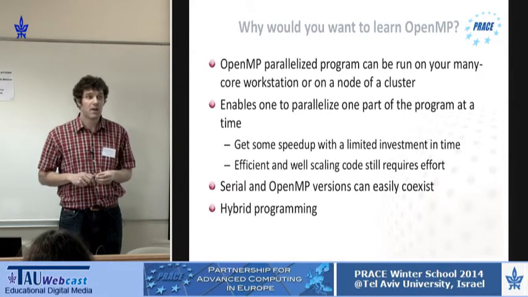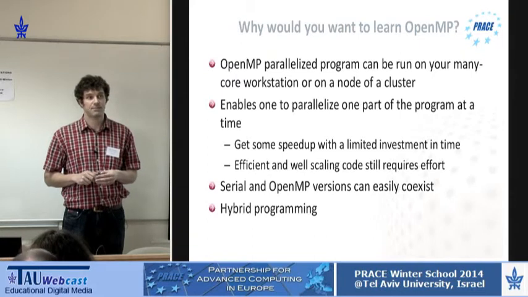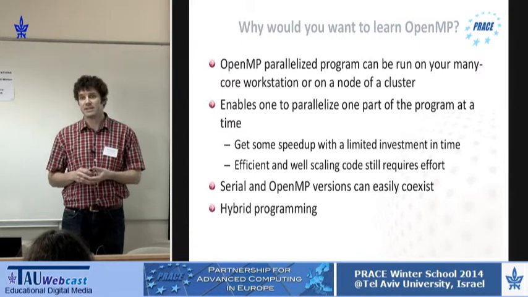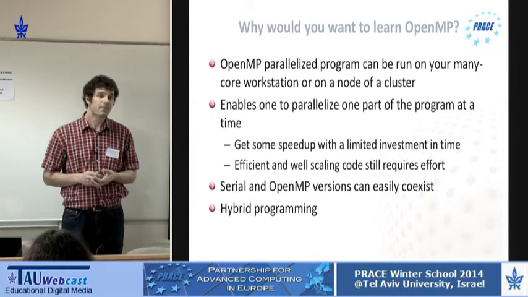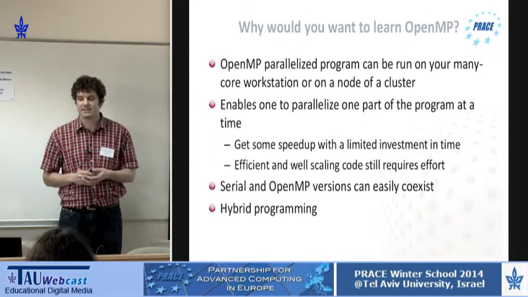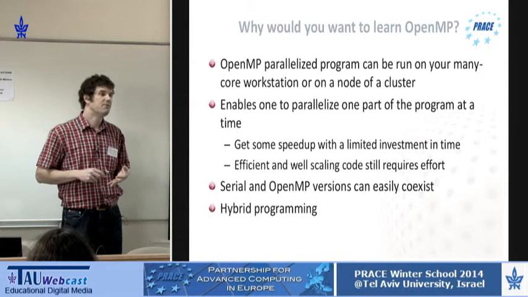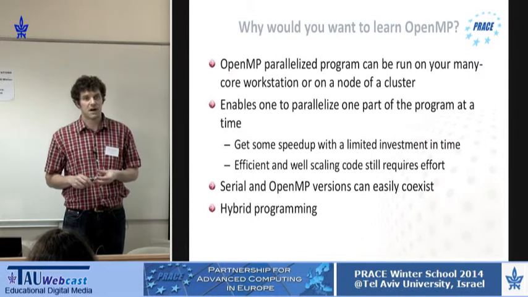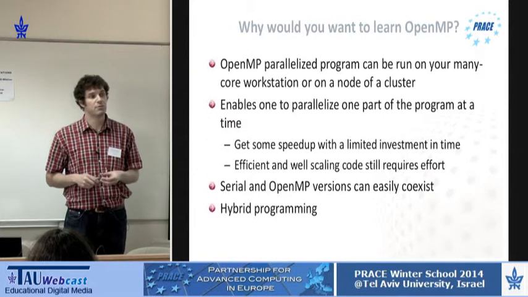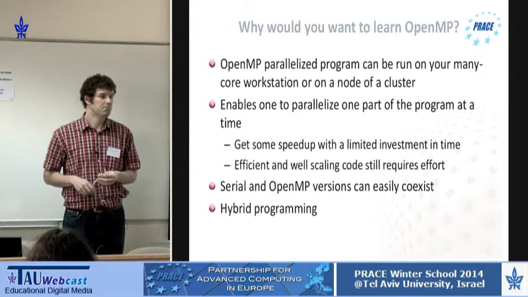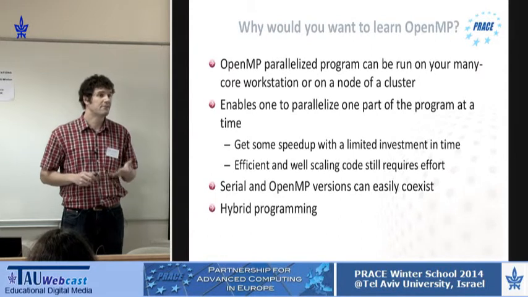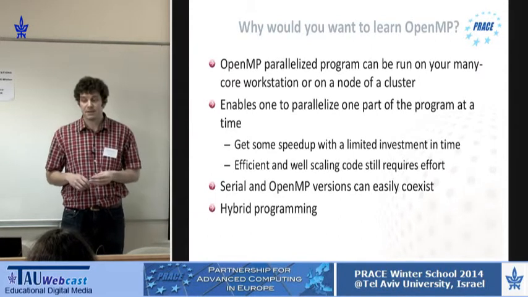On the other hand, OpenMP makes the parallelization of code in principle very easy. You just add some directives, as we'll see, to the code. And it's also very easy to work on in a sort of sequential fashion: you first parallelize one part of code, a couple of loops, then you maybe profile a bit more and see that, okay, there are also some other parts that need work, so you can parallelize the program piece by piece.